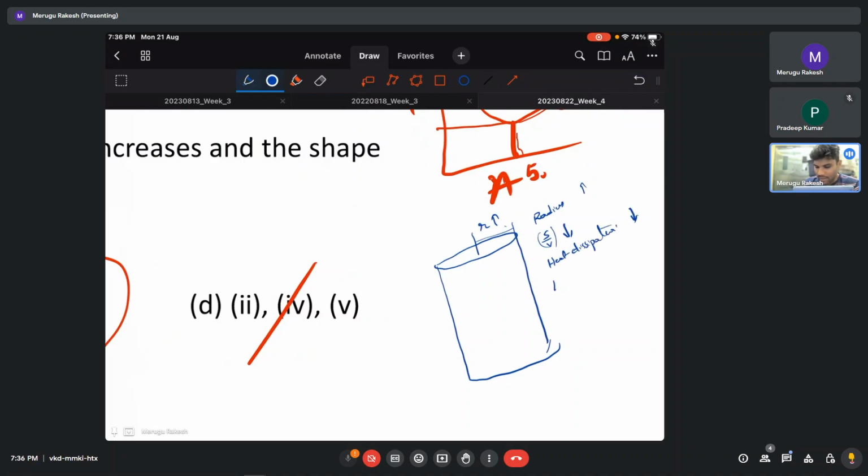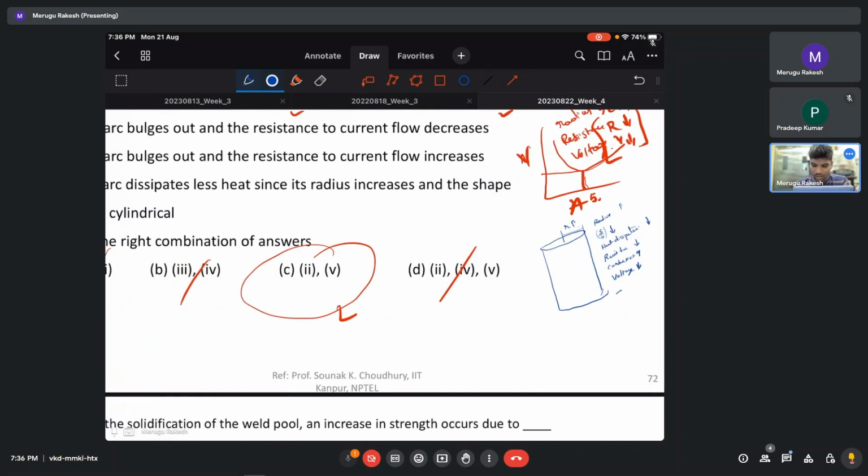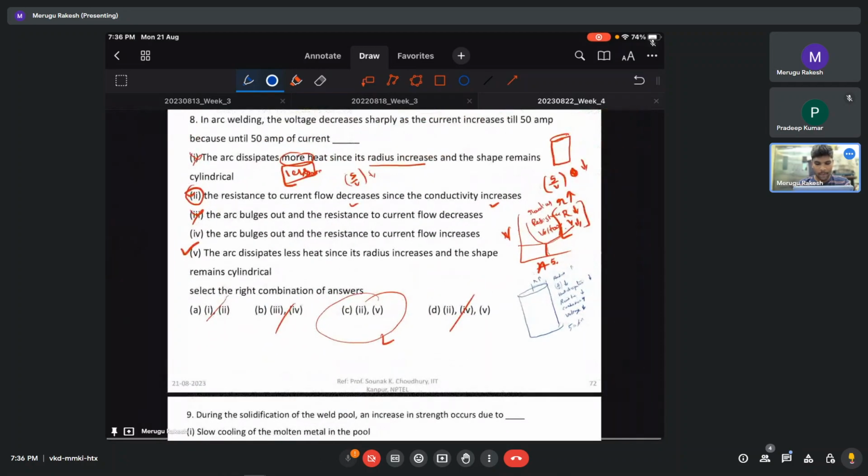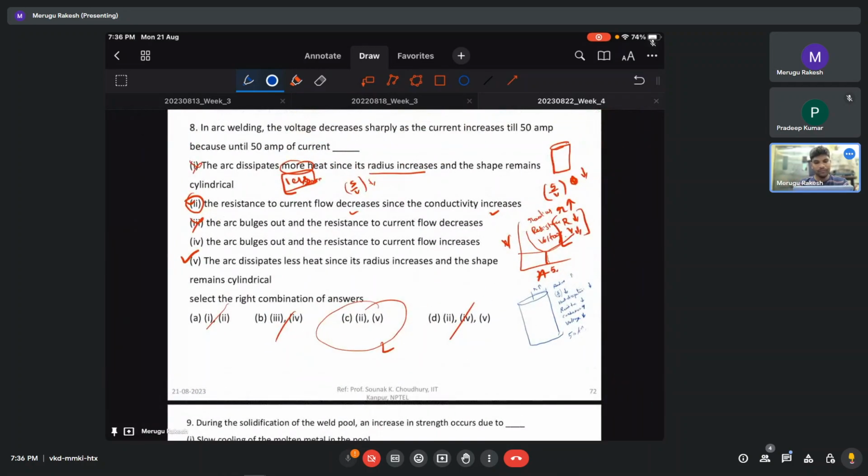Then, since the radius is increasing, the resistance is decreasing. That means conductivity is increasing, and that means voltage is decreasing. This is what happens below 50 amps. But above that, the radius will increase and the arc will bulge out. Once it bulges out, all the characteristics are going to change.